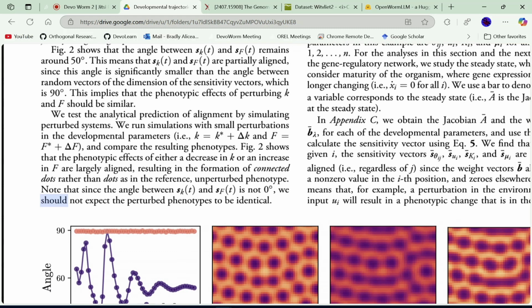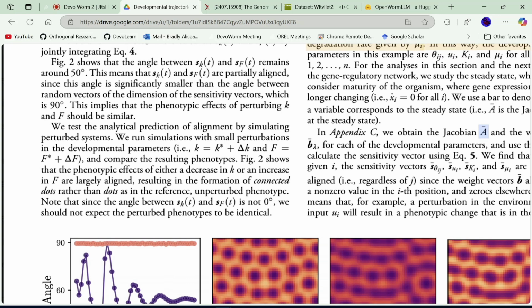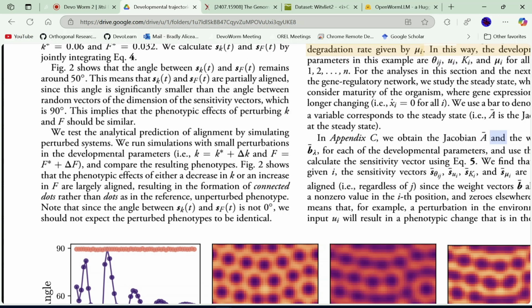The phenotypic effects either show a decrease in K or an increase in F, and these are the developmental parameters up here. These should be largely aligned, resulting in the formation of a set of connected dots rather than dots in the reference unperturbed phenotype. So the perturbed phenotype should not be identical because the angle between SK and SF is not 0.